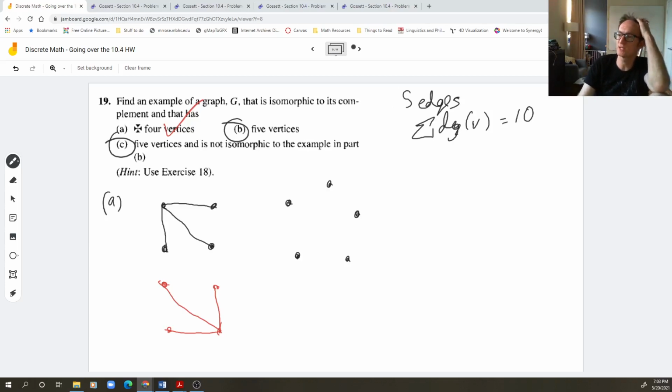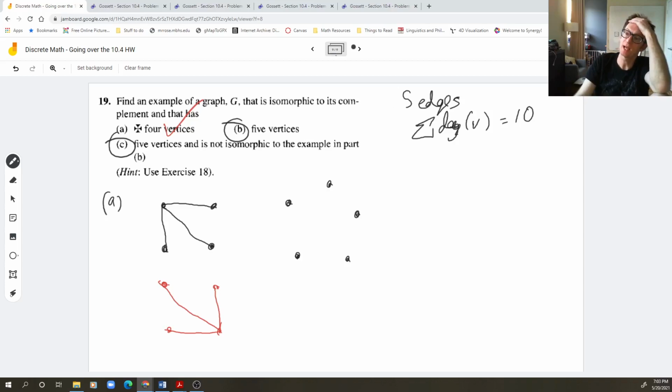So I'm going to use the degree sequence to help me with this. And for any degree sequence and its complement written back-to-back, the sum will be 9.